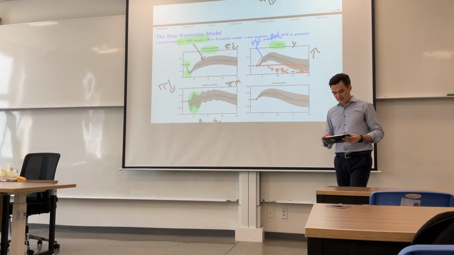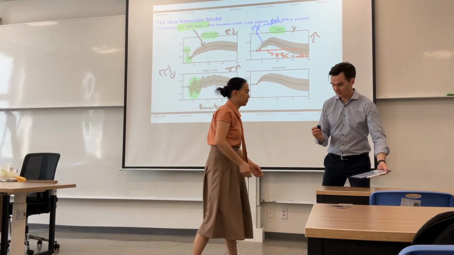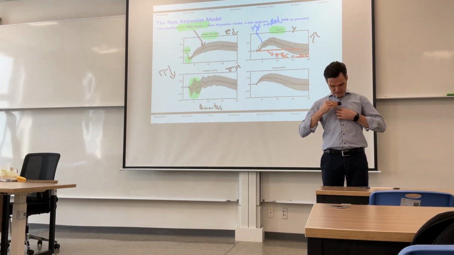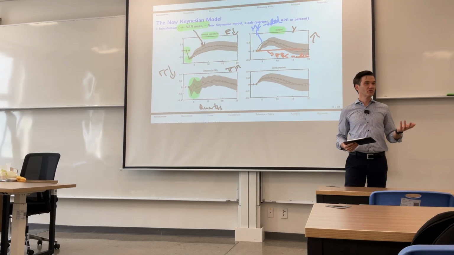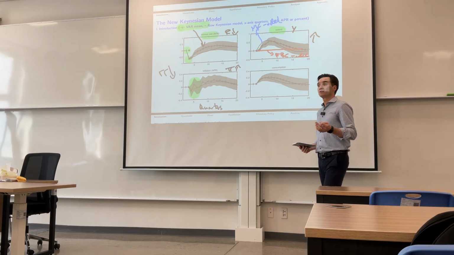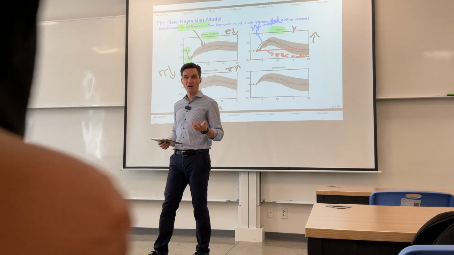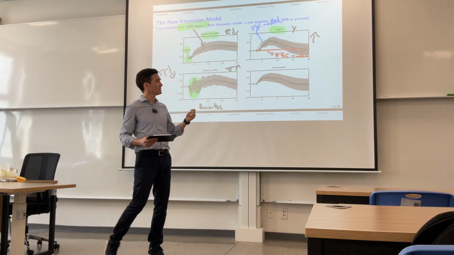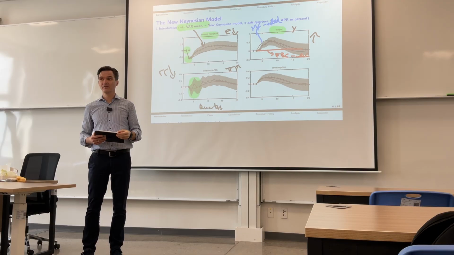Well, the reason why lots of the academic research community as well as central banks are working with a model that's called the so-called New Keynesian model is because it can address some of the empirical evidence that we reviewed yesterday.